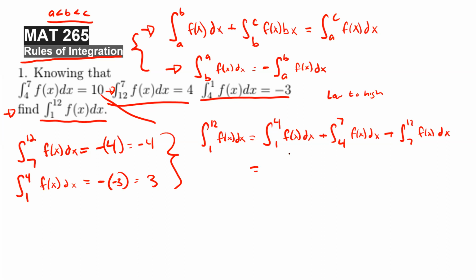So then we know what all these are equal to, so we can just plug in. So from 1 to 4, we have 3 plus 10 plus negative 4.